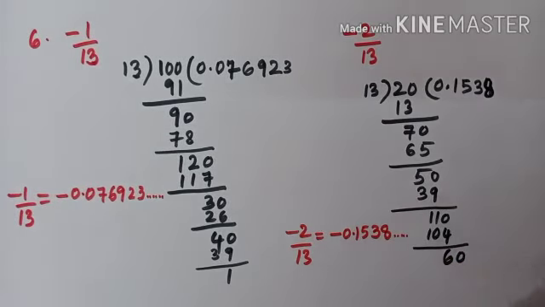Okay, after a finite number of steps also you are not getting the remainder as 0. So let us just stop after doing some finite steps. 5-6 steps you can do, and you can check whether it is possible or not to get the remainder as 0. Okay, so like this you have to do. So this is nothing but a non-terminating decimal. In the same way you have to do all the problems.